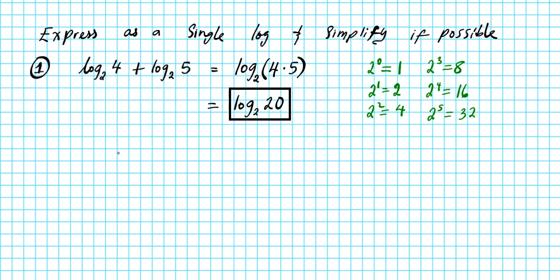Okay, let's take a look at question number 2. What if we have log base 3 of 9 plus log base 3 of 27? Now we have a sum of logs, so that's basically equivalent to multiplying the logarithmic arguments.